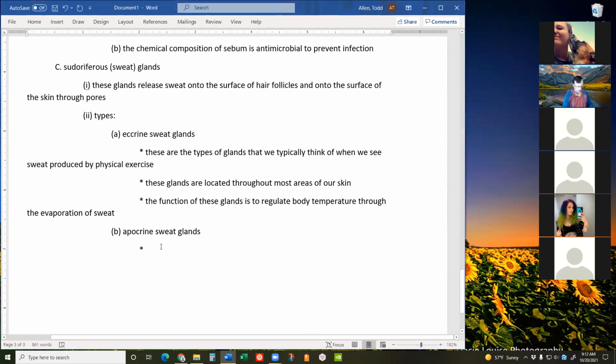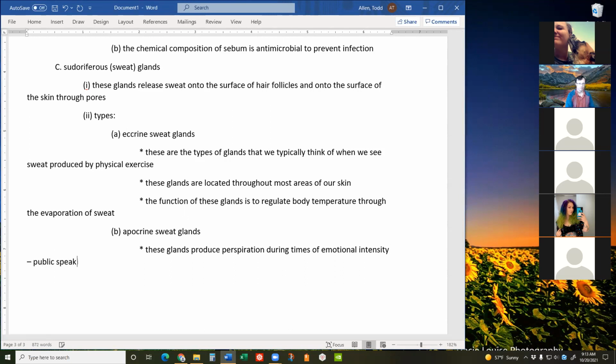These glands produce perspiration during times of emotional intensity, such as public speaking, or perhaps if you are afraid. I'm not talking about the enjoyable fear you have when you ride a roller coaster.